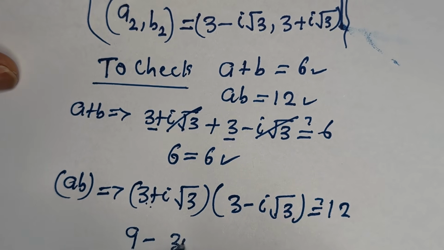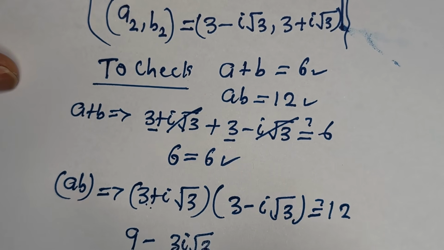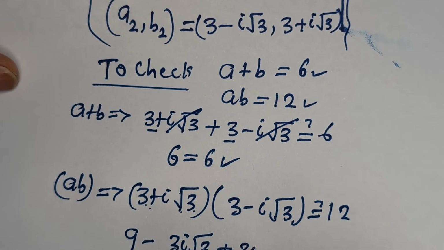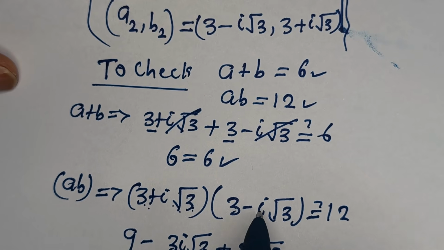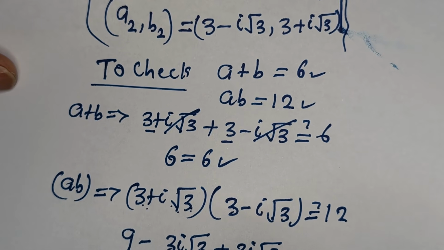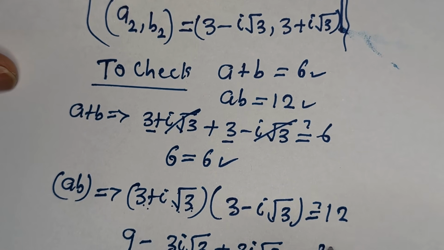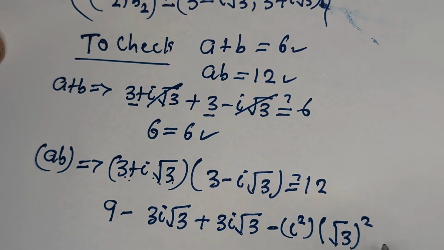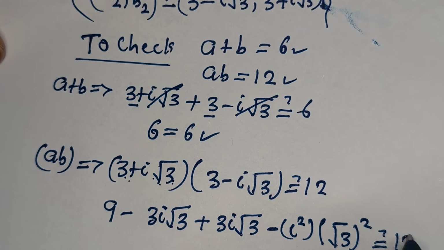This is 3I root 3. Then I root 3 multiplied by 3. This is plus 3I root 3. I root 3 multiplied by minus I root 3. This is minus I square multiplied by root 3 square, must be equal to 12.